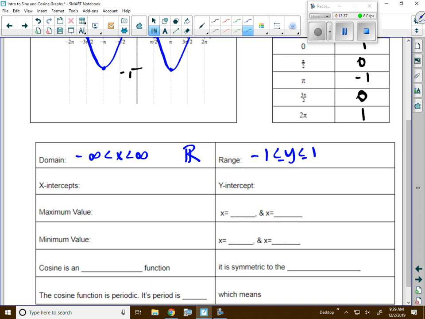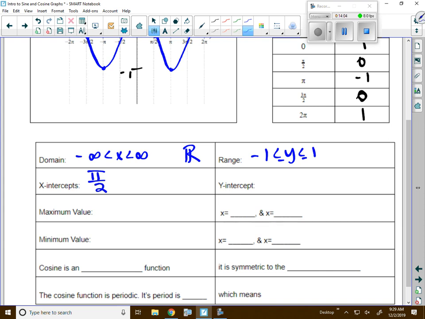Okay, so for our x and our y intercepts, our x-intercepts are a little different. Where's our first x-intercept at? Just start with the positive version. Pi over 2, right? Do you agree that our first x-intercept is at pi over 2? Okay?